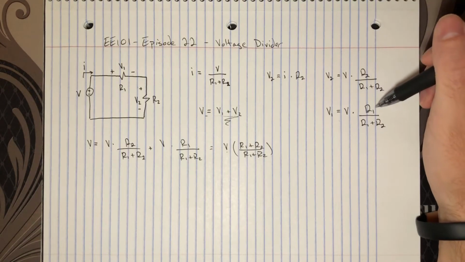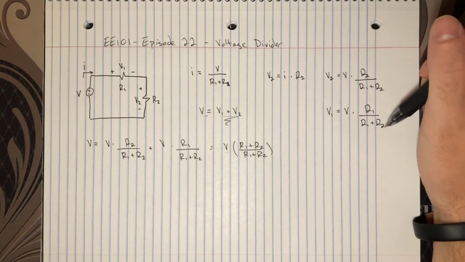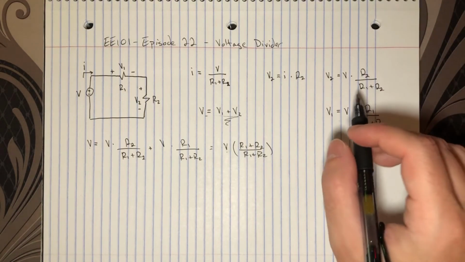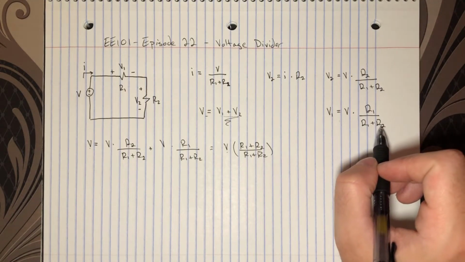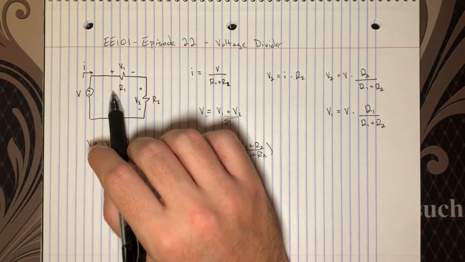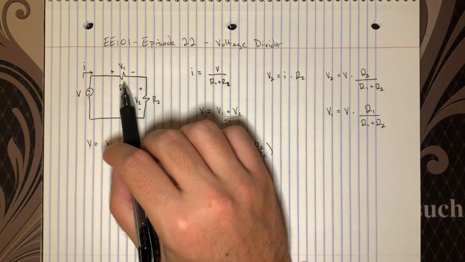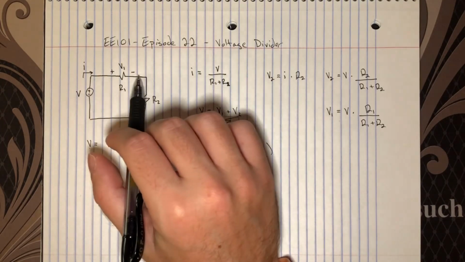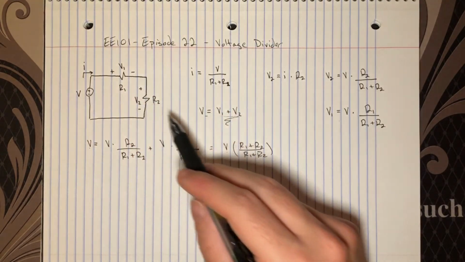In the opposite case, if R1 approaches 0, regardless, this ratio would just go to 0, and so would the voltage V1. Of course, as R1 goes to 0, if it was 0 ohms, this would be a short circuit, and we know that an ideal conductor, or a short, has no voltage across it, so V1 would also approach 0.